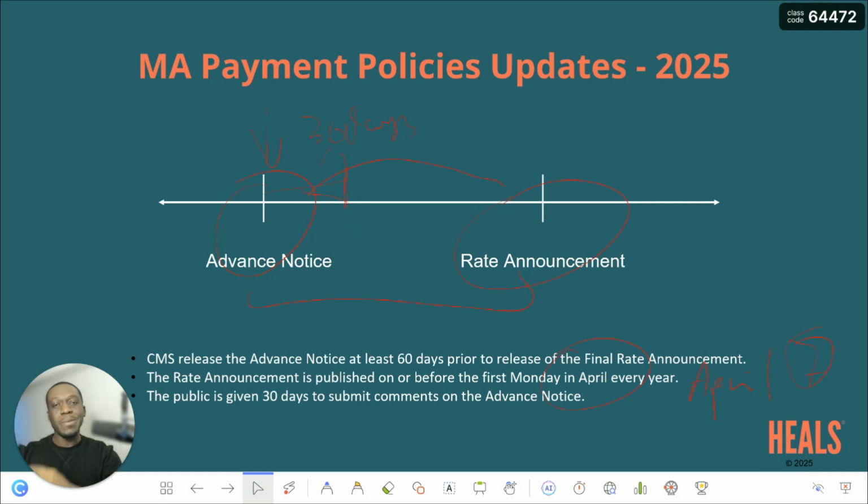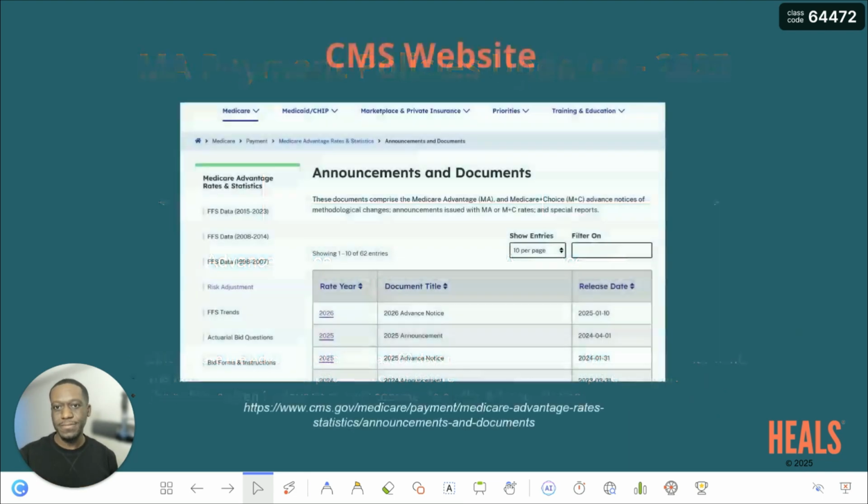CMS reviews all the comments it has received and sifts through them. Then CMS has to publish the final rate announcement on or before the first Monday in April, which is April 7th, 2025. As a reminder, these policies pertain to the next year. They will not be for 2025, although the work is done in 2025, but for payment year or calendar year 2026.